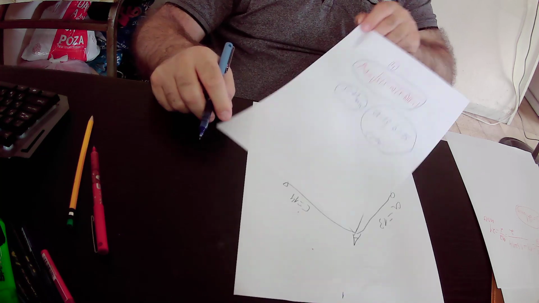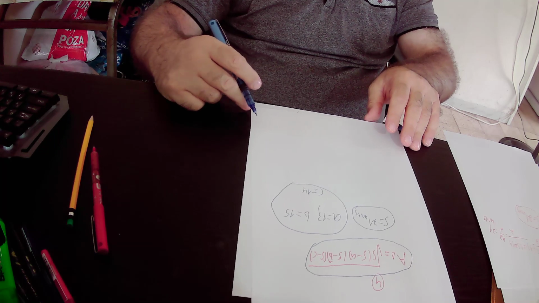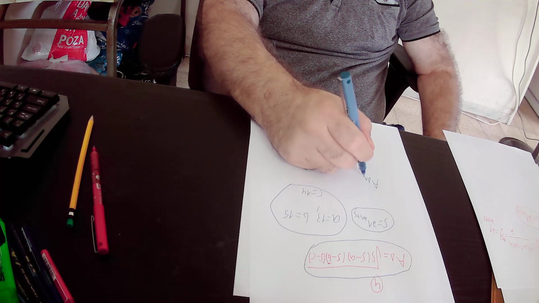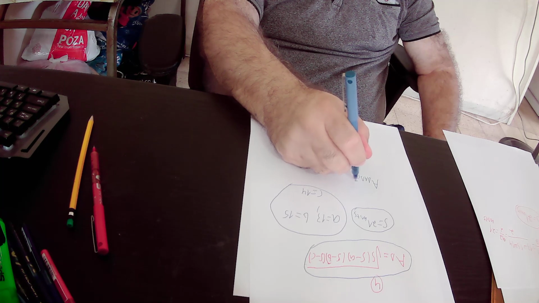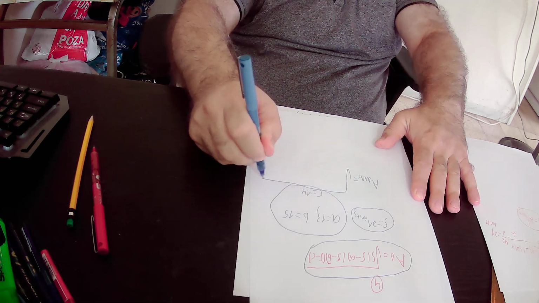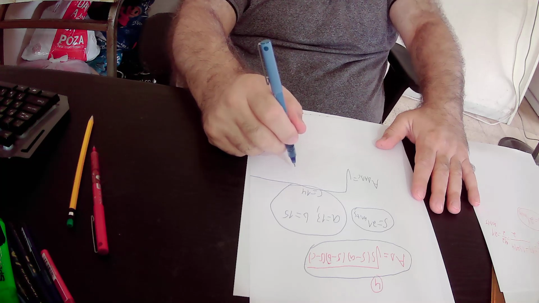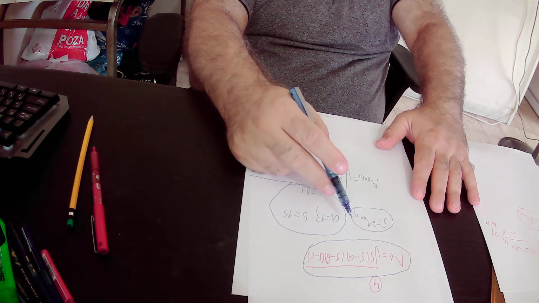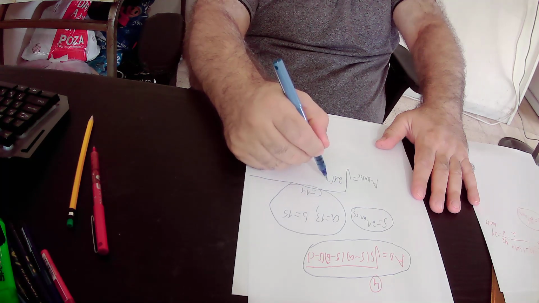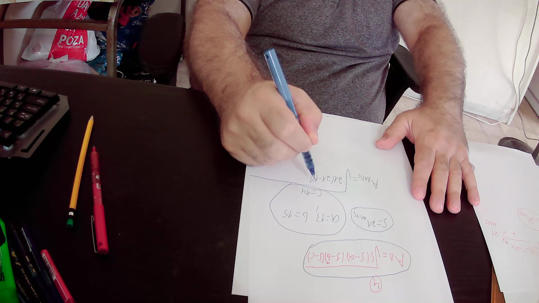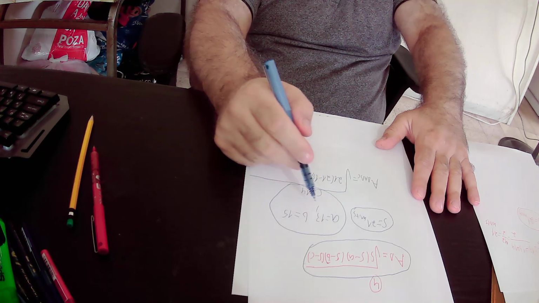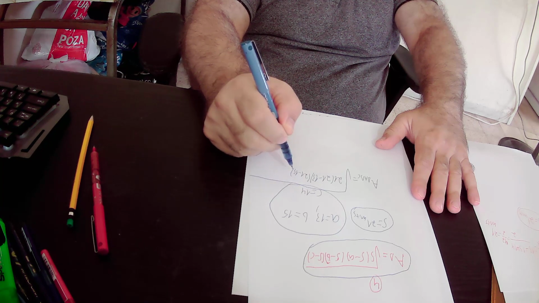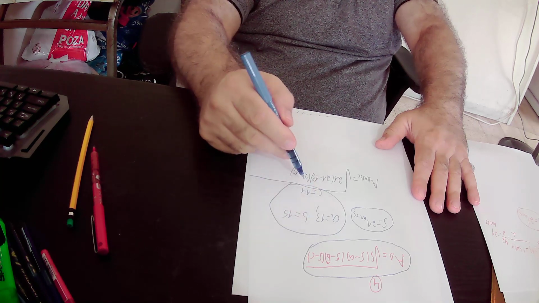So the area of triangle ABC, according to this formula, will be equal to the root of S, which is 21, S minus A is 21 minus 13, S minus B is 21 minus 15, and S minus C is 21 minus 14.